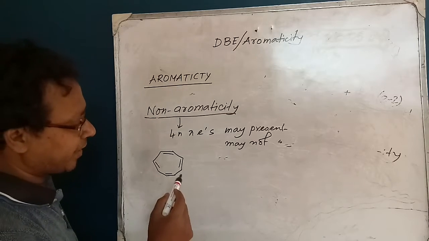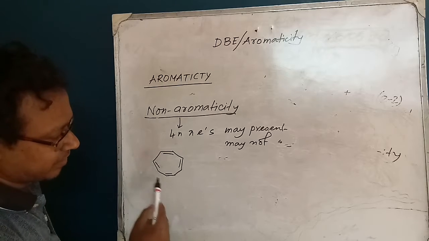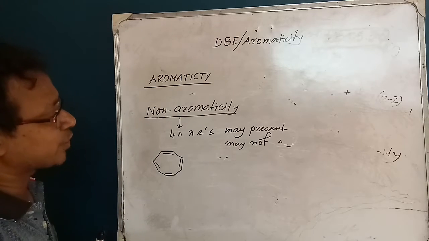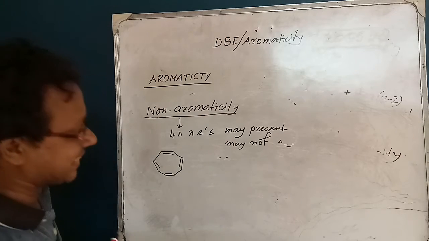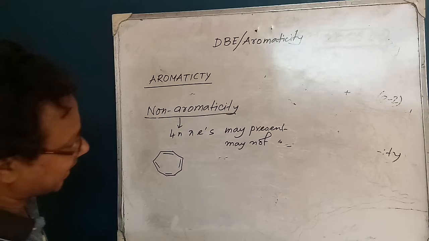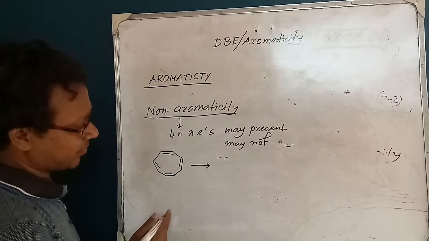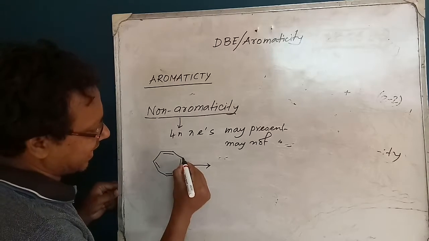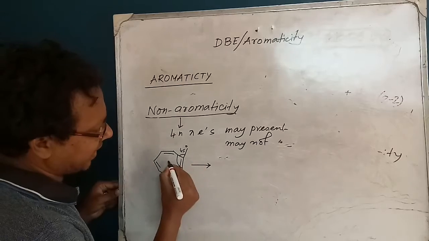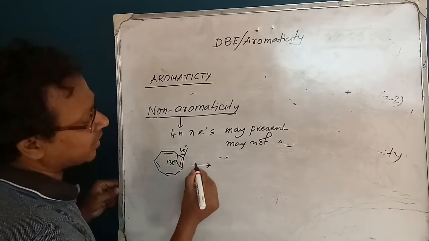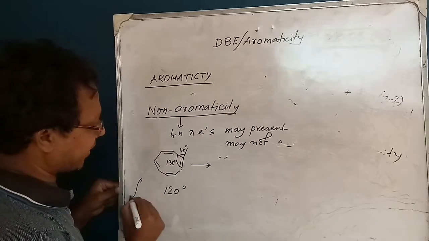You have already known that all are sp2 and there are 4 pi electrons, so it is anti-aromatic. But it is found that its planarity is not maintained, because its external angle is 45 degrees, so the internal angle is 135 degrees. That is far away from 120 degrees.